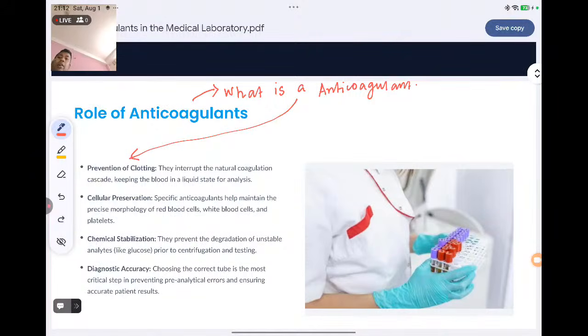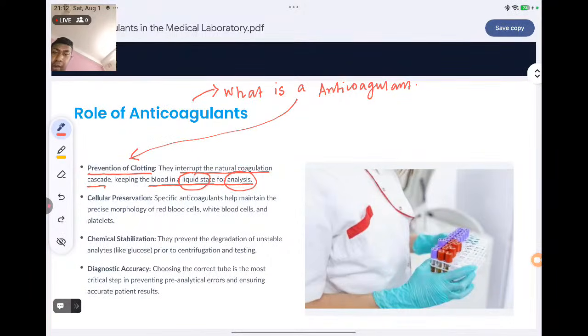Therefore, what are the roles of anticoagulants in a medical laboratory? Roles of anticoagulants are: it helps in prevention of clotting, so it interrupts the natural coagulation cascade, which helps the blood to remain in its liquid state for analysis.